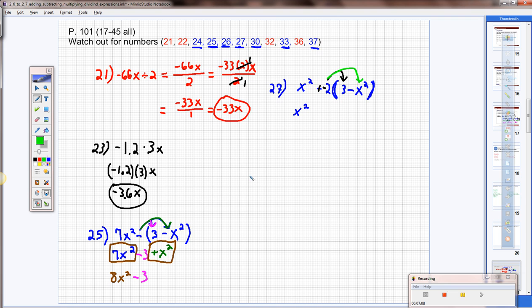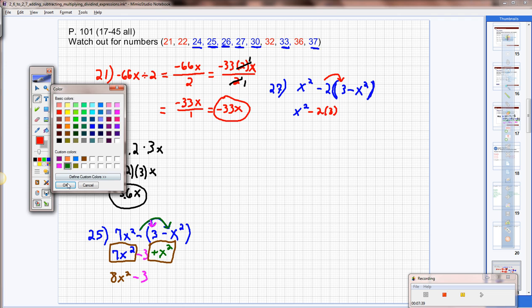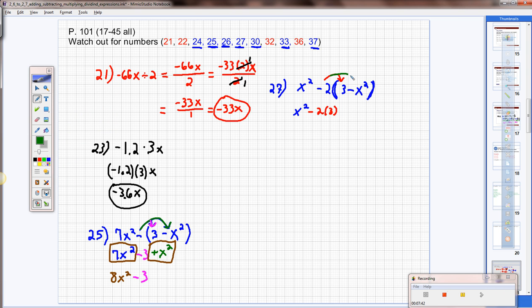So remember, that can be helpful. I'm going to go ahead and take it back to what it was, just because most students will look at that and see, oh, I'm multiplying negative 2 times 3. I know a negative times a positive is a negative, so that's going to be minus 2 times 3. And then I have a negative 2 times a negative x squared. So anytime we get that negative 2 times the negative x squared, I know a negative times a negative will yield a positive, and that's why I'm going to put a plus there.